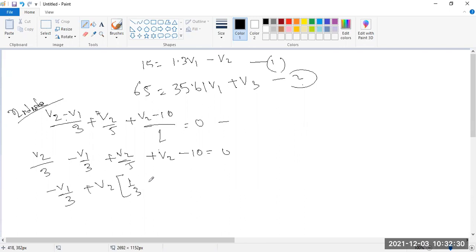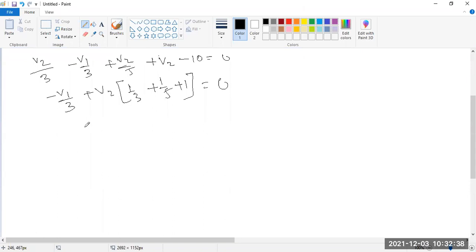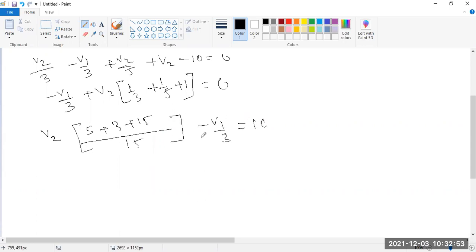So V2 times (1 by 3 plus 1 by 5 plus 1) minus V1 by 3 equal to 10. From this we can get V2 times (5 plus 3 plus 15) divided by 15, minus V1 by 3, that is 10.